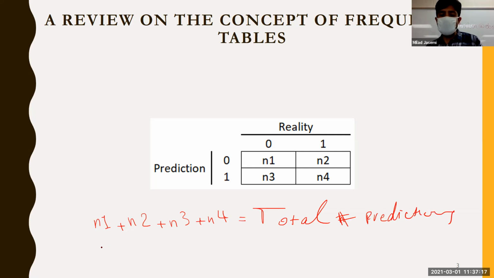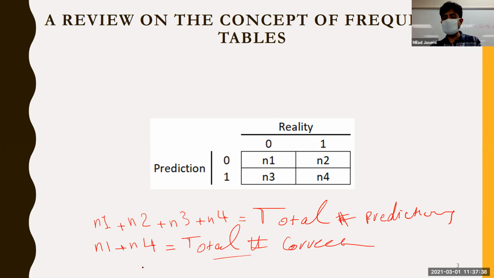What is N1 plus N4? What is that? Very good. And we have talked about these things before. So N1 plus N4 is the total number of correct predictions. And like that, you can go and see what N2 means, what N3 means.